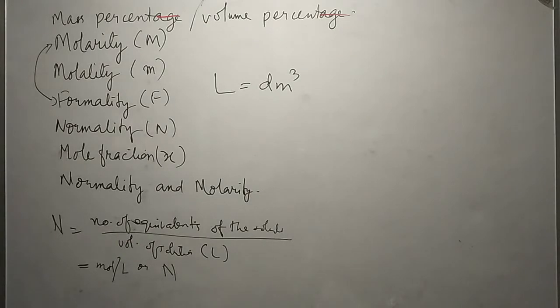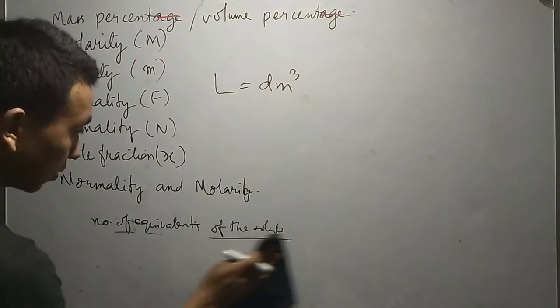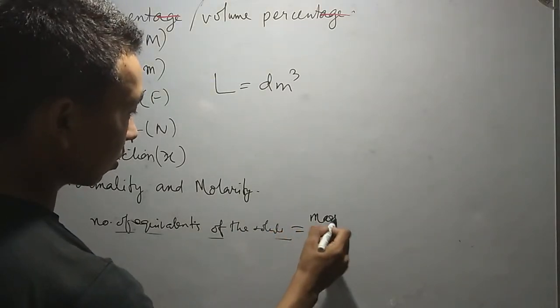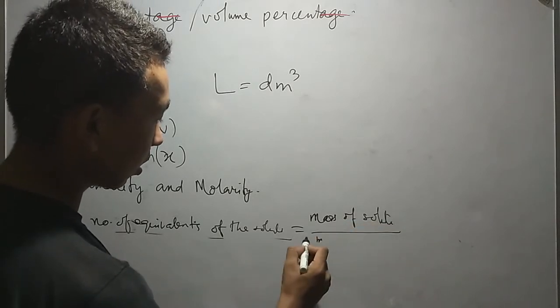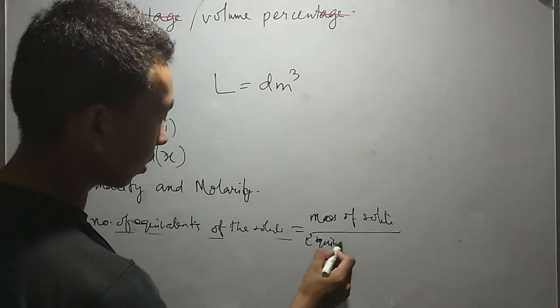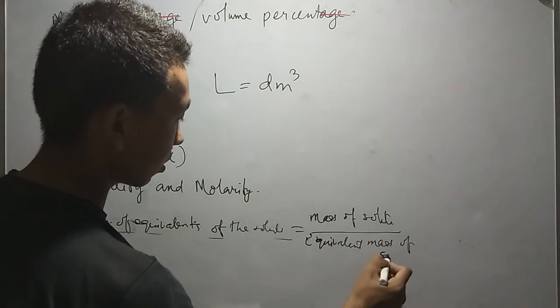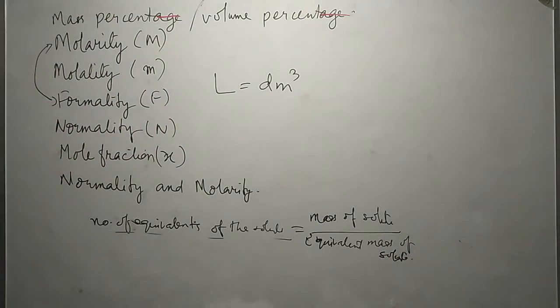Now what is this number of equivalents of the solute? Number of equivalents of solute is equal to mass of solute divided by equivalent mass of solute.